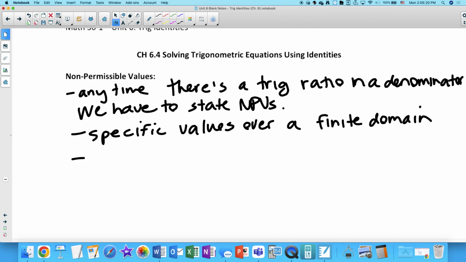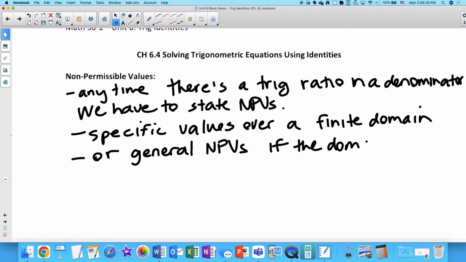Or general non-permissible values if the domain is not restricted. Okay, and we'll see that as we go today.